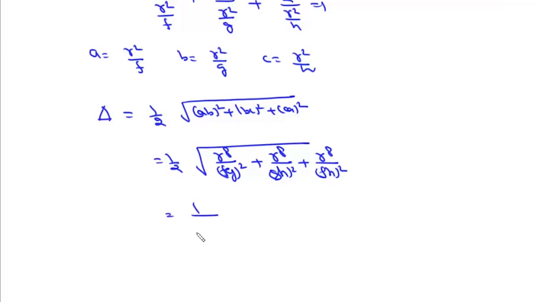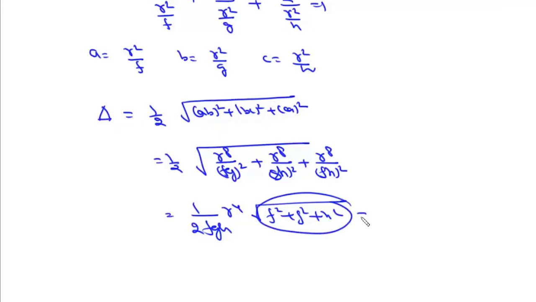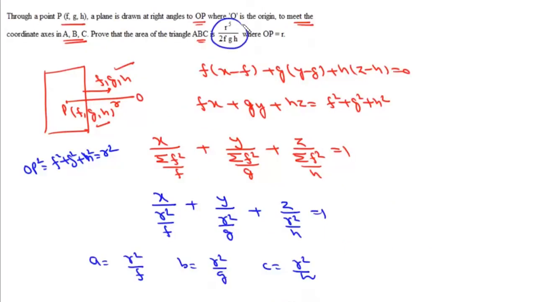So we can write this as 1 upon 2FGH, and here will be R to the power 4, and we can write this as F square plus G square plus H square, which is nothing but R square. So it will be R to the power 5 upon 2FGH, and this is what we need to prove in this question.